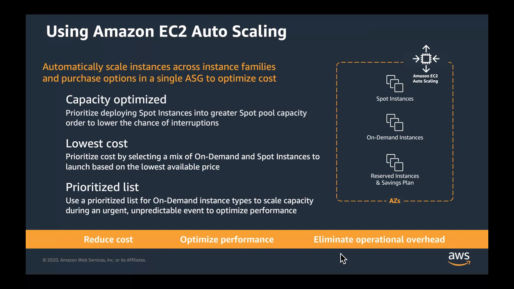And you also eliminate operational overhead. That means you never have to wait for your load to max out your capacity. You can have a tracking capability so that as your load comes, you grow before that, right? So all these things you can do with an auto scaling group.